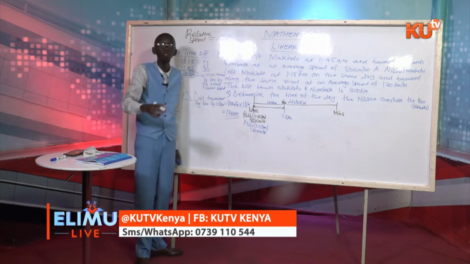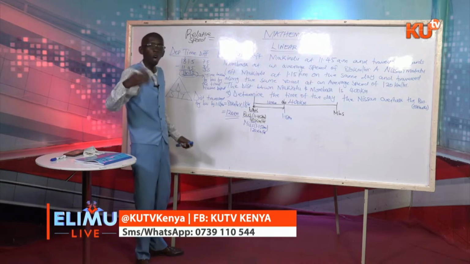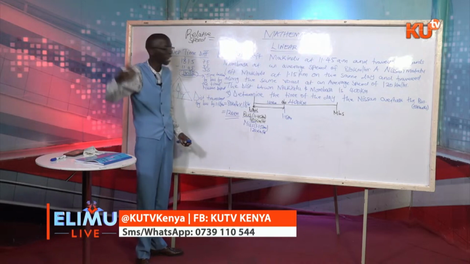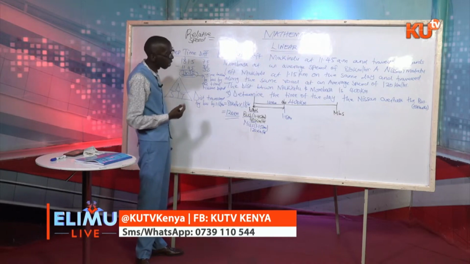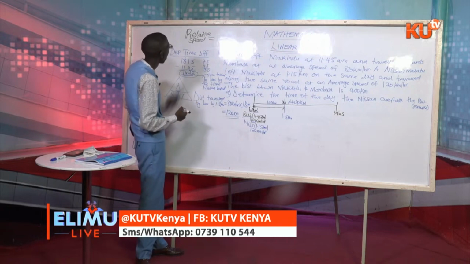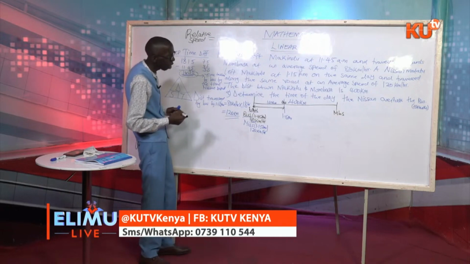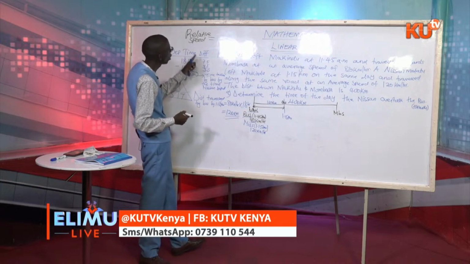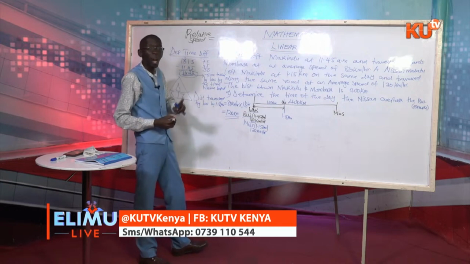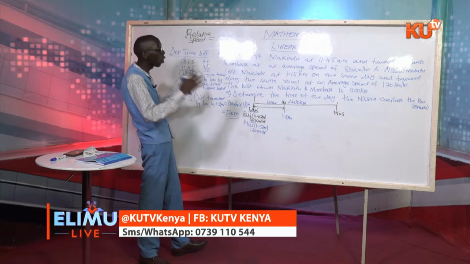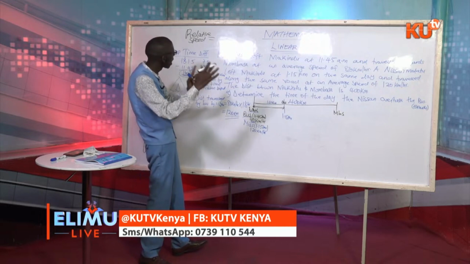Now, what did we say in our formulas? For vehicles moving in the same direction, what do we do to the speeds? I know you are responding. Yes, you are saying that we subtract the speeds. And that is very correct. Craft for yourself back at home. We are going to subtract their speeds because these vehicles are moving in the same direction.